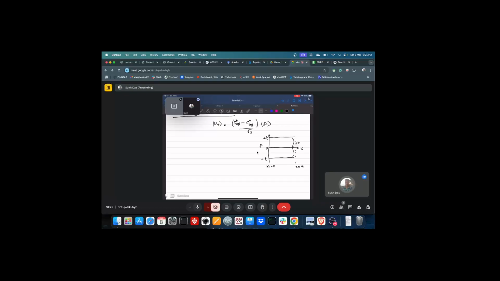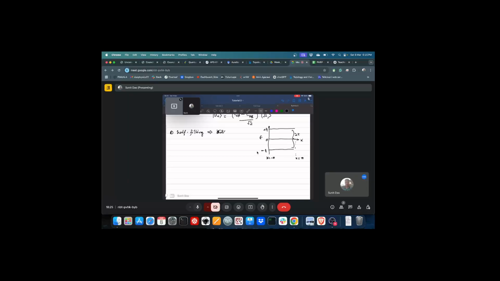Now to proceed further, let us consider the half filling case. So what do we mean by half filling? There are a total of 2n states, right? Half filling means half of the states will be filled.